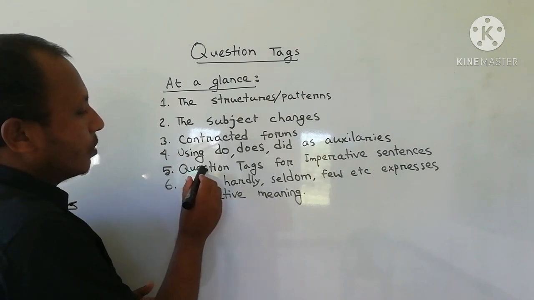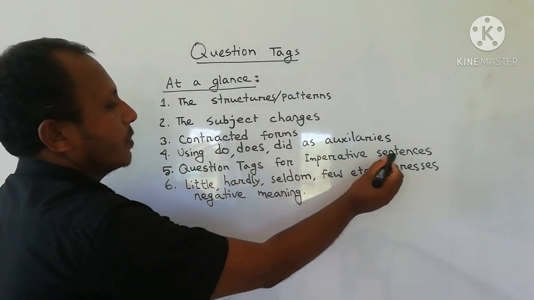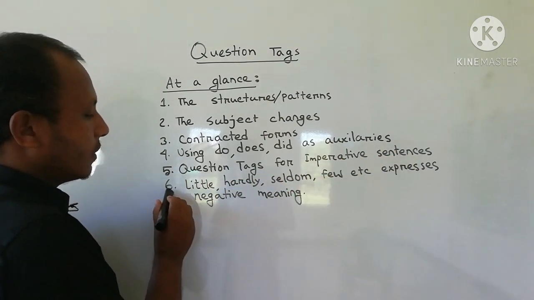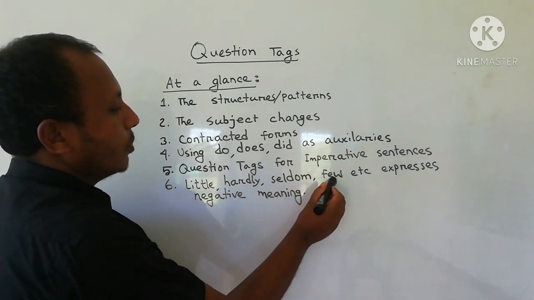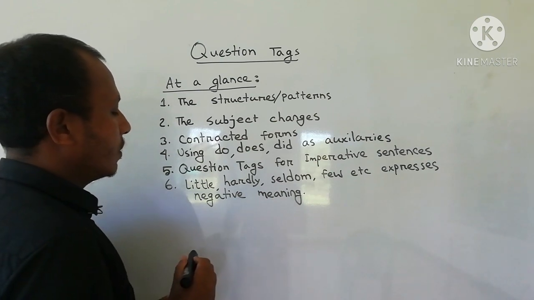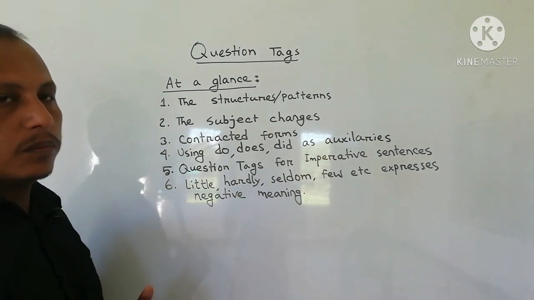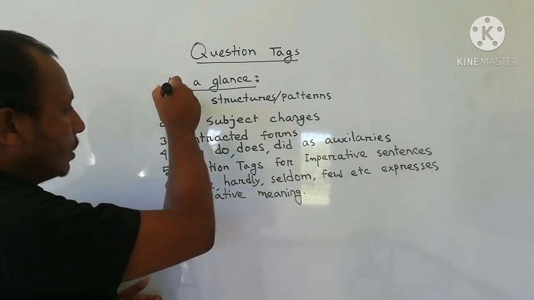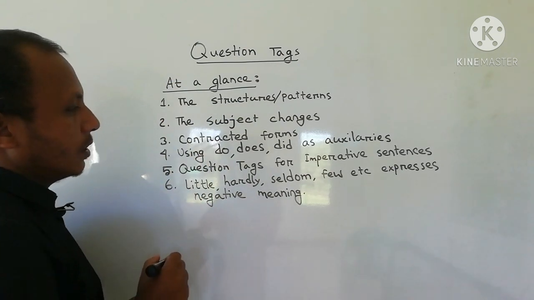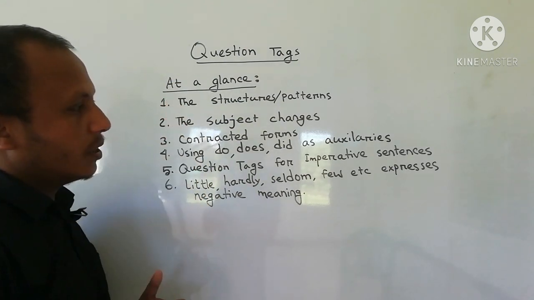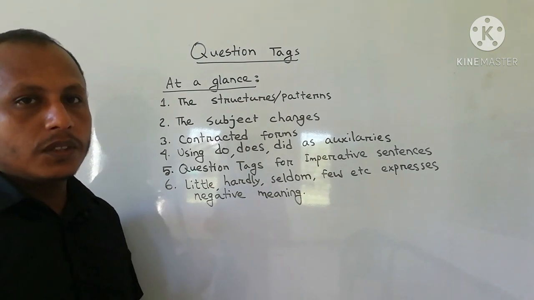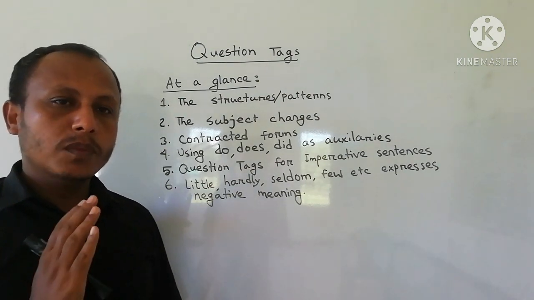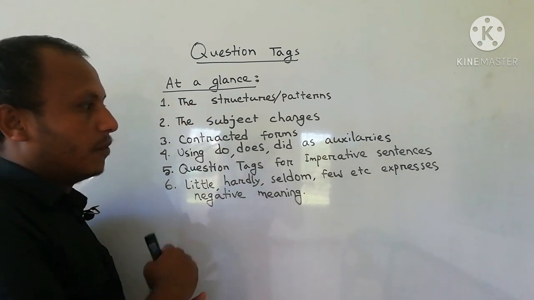Number 5, question tags for imperative sentences. Number 6, little, hardly, seldom, few, etc. express the negative meaning. You have to know the 6 points. If you don't know the 6 points, you can't make any question tag. Dear my students, you have to memorize these points at first.